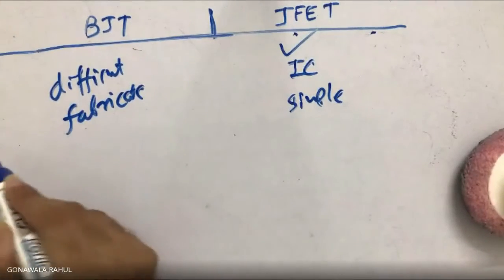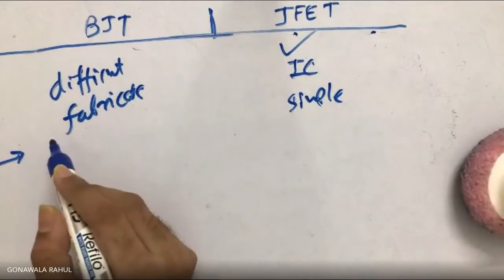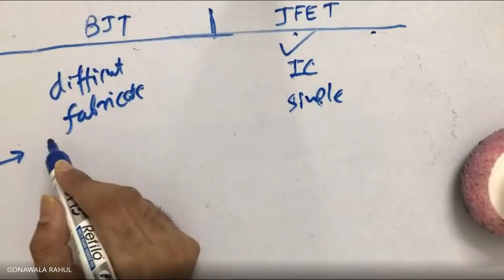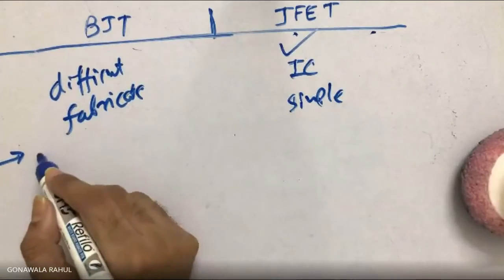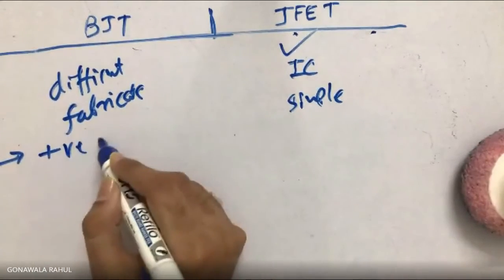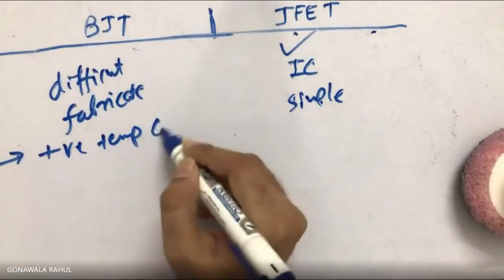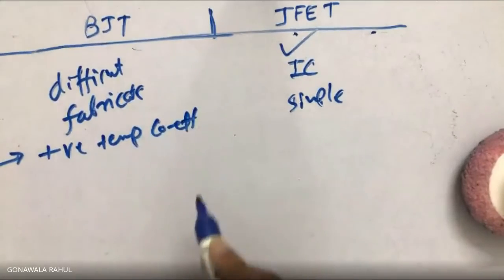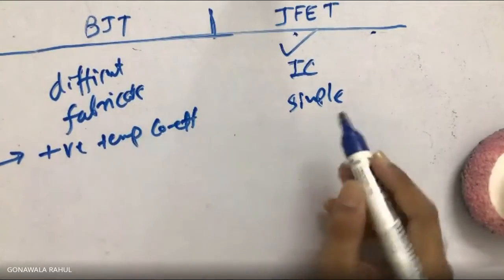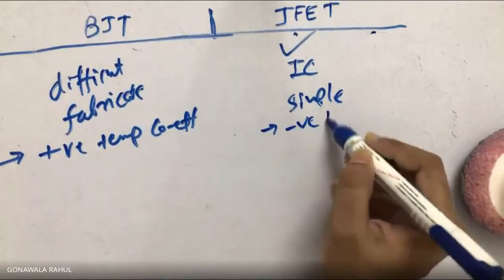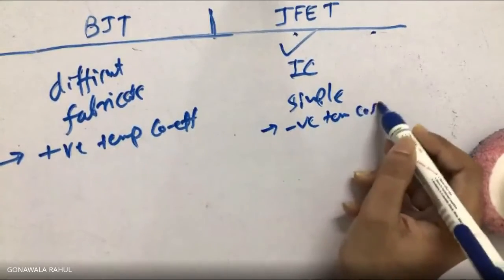One more thing, BJT has a positive temperature coefficient at high current level, while JFET has a negative temperature coefficient.